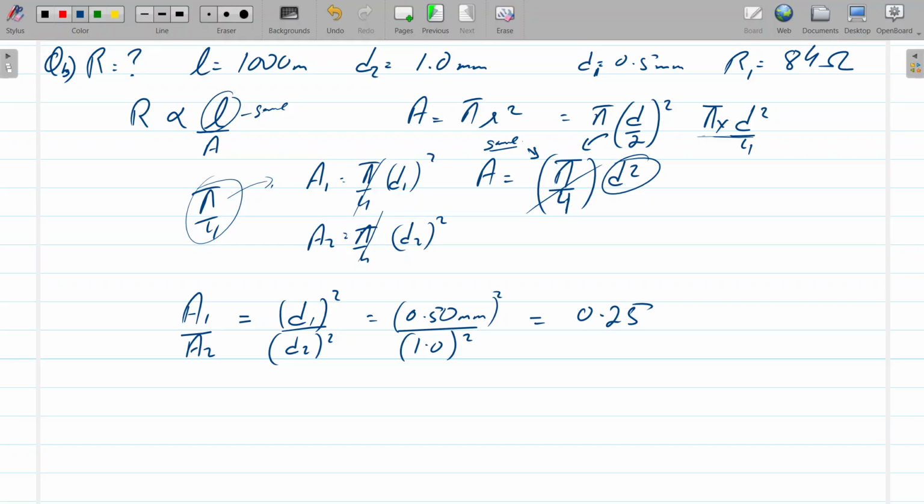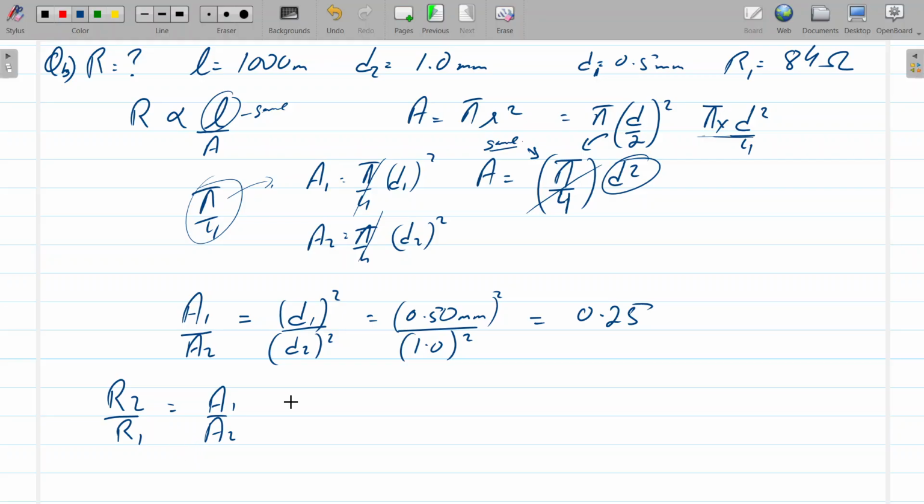Now, because it is inversely proportional, R2 over R1 equals A1 over A2. Why is it the other way around? Because of inverse proportionality.